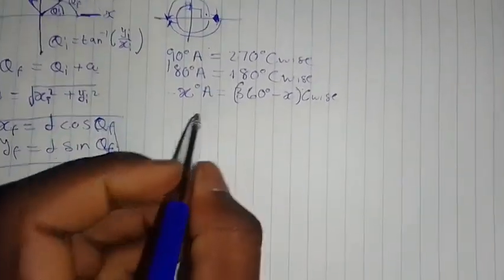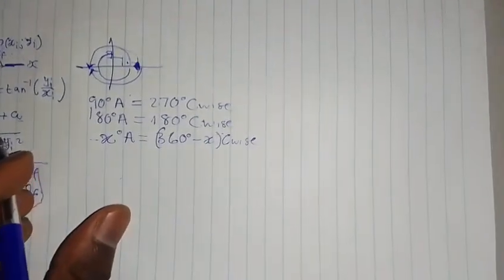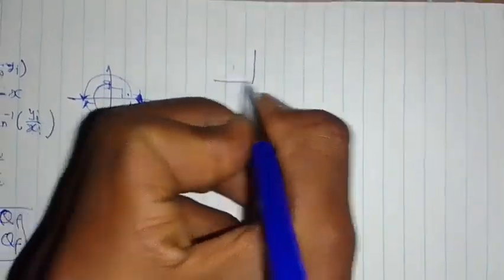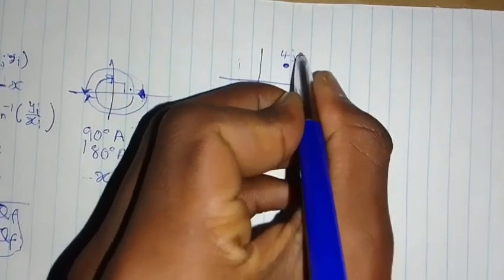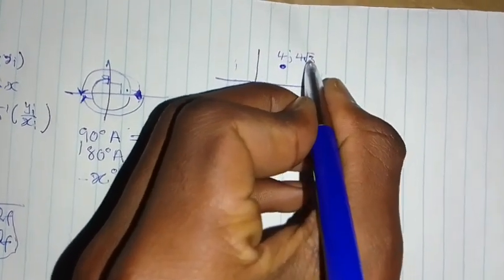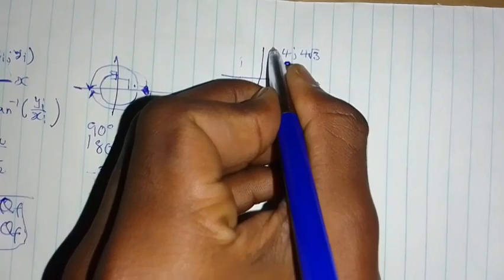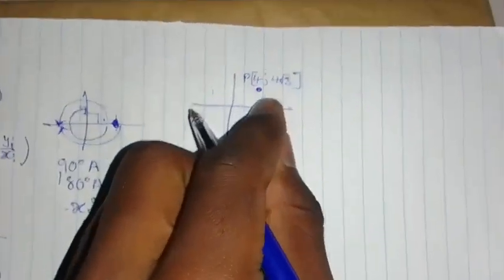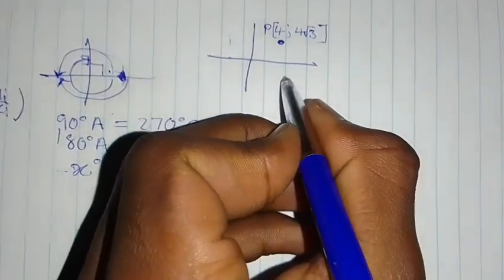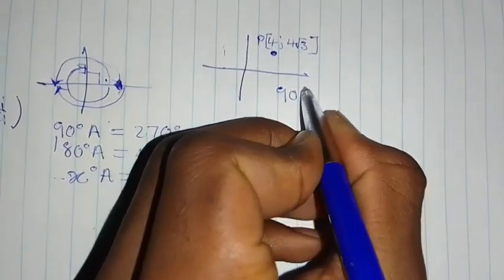So let's do an example here. Let's say I have a point (4, 4 root 3). I'm going to call it point P. Rotate this point 90 degrees anti-clockwise.